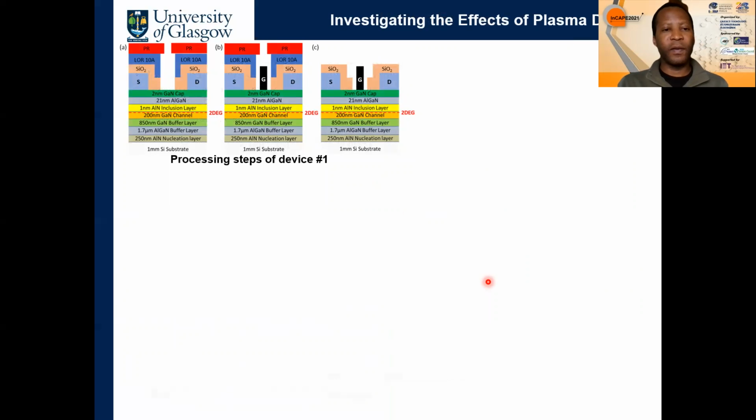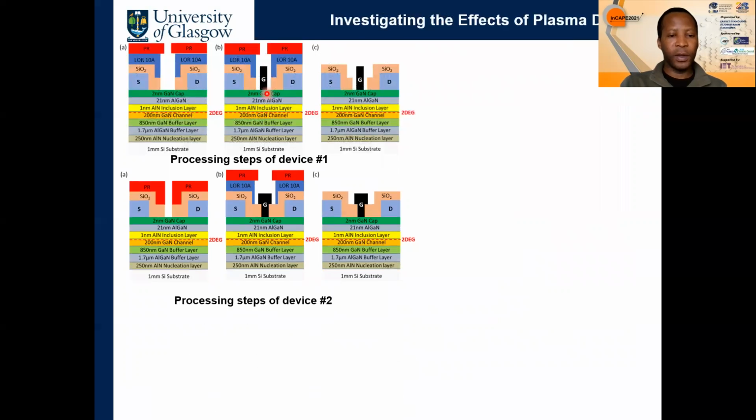To investigate this effect, three devices were fabricated. In device 1, shown here, the silicon dioxide passivation was etched and the gate was deposited using the same photolithography step. For device 2, which is similar to device 1, the silicon dioxide was etched and the gate metal was deposited.